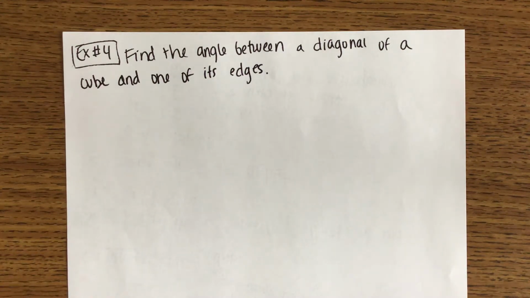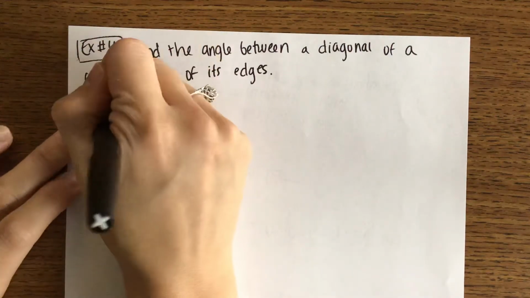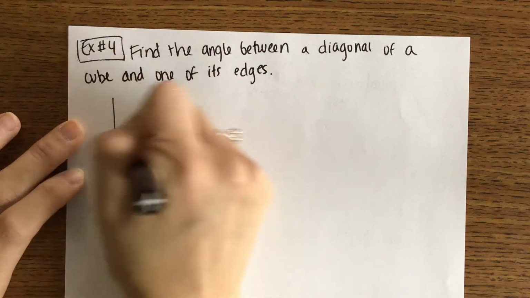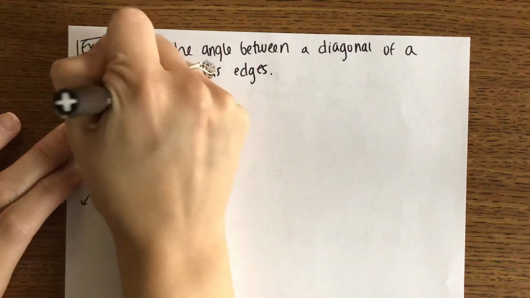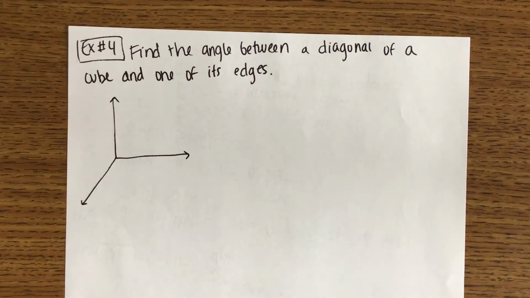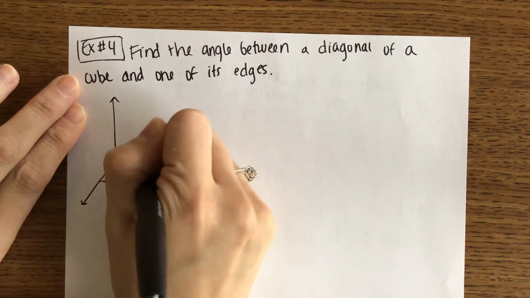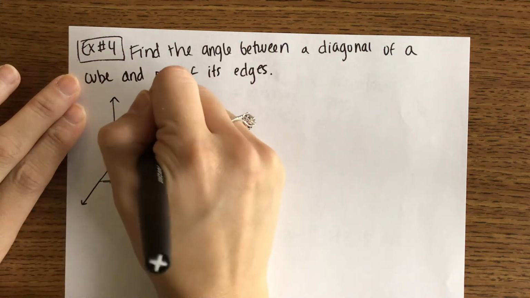Before we do any calculations of any type, it's probably a good idea to draw a figure. I'm going to draw my cube in the first octant. So draw yourself a cube.